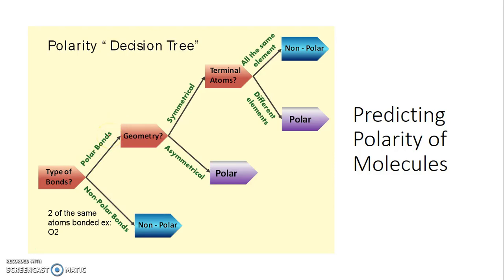So once we come down this side, we look at what is the geometry. And you can see your choices are symmetrical or asymmetrical. And basically what that means is, if it's symmetrical, it means that there are no lone pairs on the central atom. Asymmetrical means that there are lone pairs on the central atom.